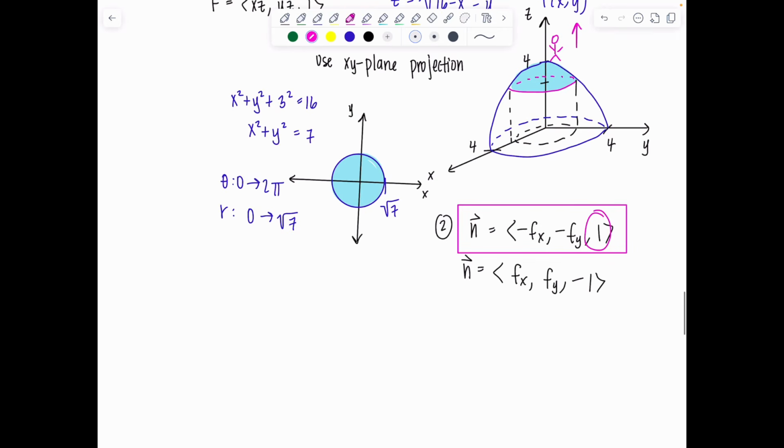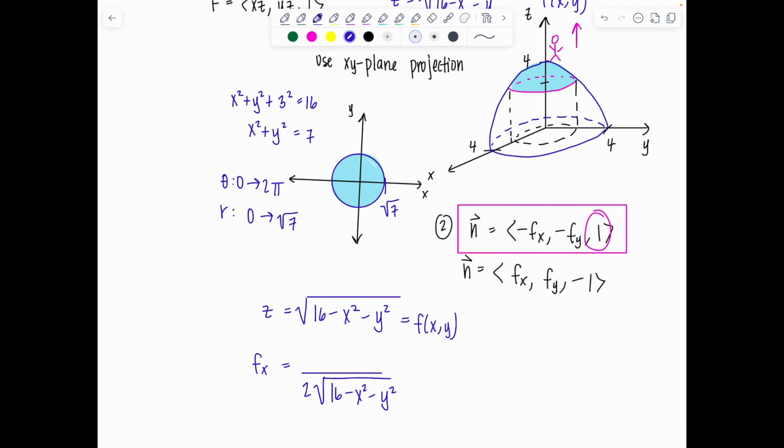Okay, so remember your surface z is square root 16 minus x squared minus y squared. That's my f of xy. Let's take the partial with respect to x. Remember the shortcut I taught you when you have to do chain rule with the square root function? You put 2, the OG square root in the denominator, and then you multiply by the derivative of what's inside up top.